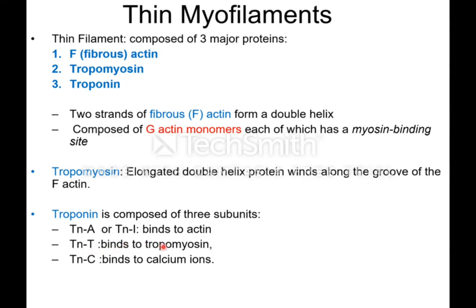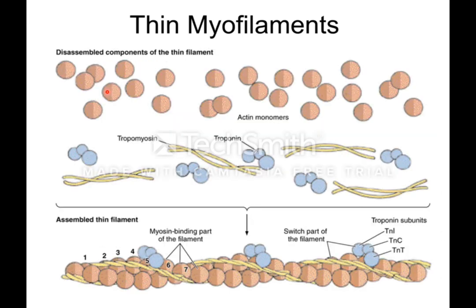TNT binds to tropomyosin and TNC binds to calcium ion. These three components are located in the thin myofilament. Actin filament acts as a contractile protein, and tropomyosin and troponin are supporting or structural proteins.